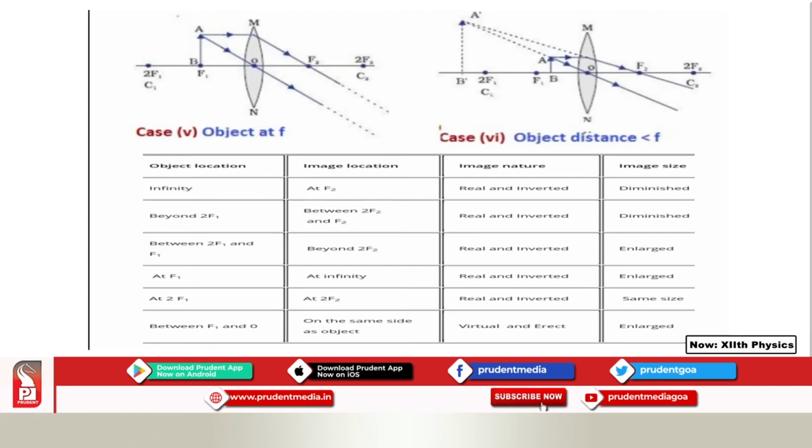If it is at f, image is at infinity, real, inverted and enlarged. At 2f, I have told you the image is formed at 2f, it is real and inverted and of the same size. Now, if it is between f and O, the image is on the same side, virtual, erect and enlarged, which is over here. So, this is the image formation by a convex lens.